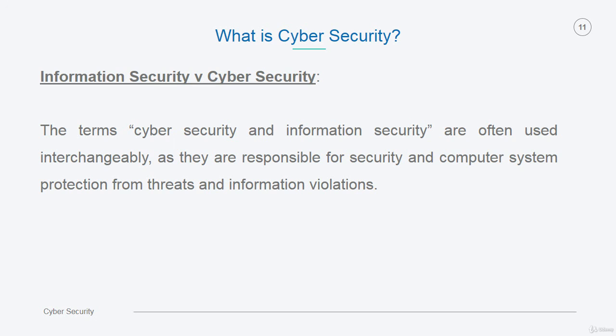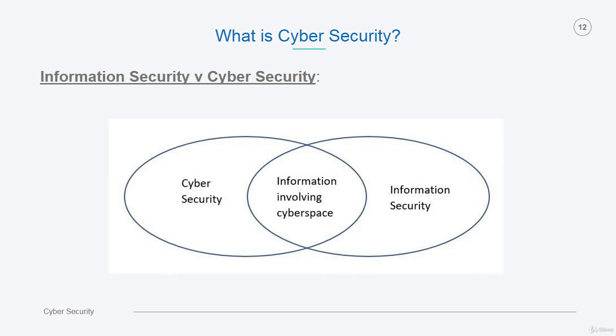Even if it's stored in a file cabinet, it needs good information security. However, cybersecurity deals with protecting data and information from outside sources in cyberspace or the internet. We can say that cybersecurity is a part of information security. That's the main difference. As we can see in this photo, the intersection between information security and cybersecurity is actually the information involving cyberspace.